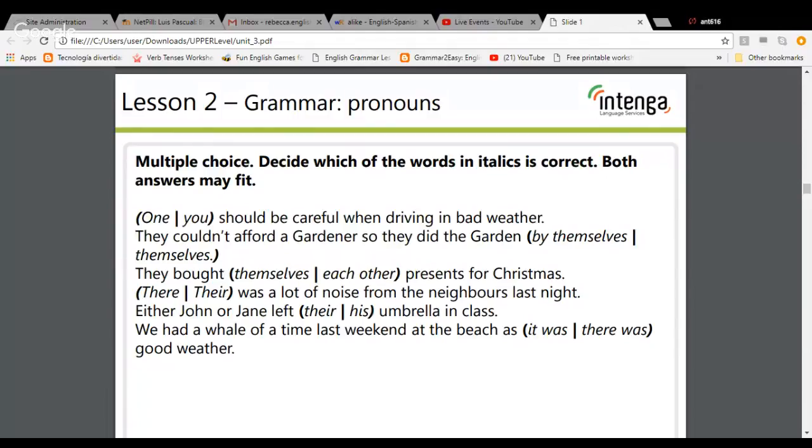The difference is, if we say they bought themselves, they bought gifts for themselves. And if you say they bought each other presents, then you did exchange gifts. So if I said they bought themselves presents for Christmas, they bought Christmas presents for themselves, right? Not for anyone else. Yeah, that's strange, but yeah, makes sense.